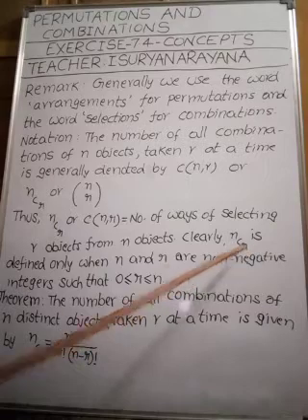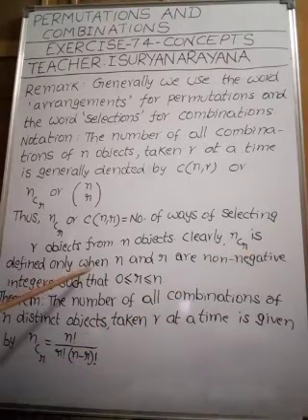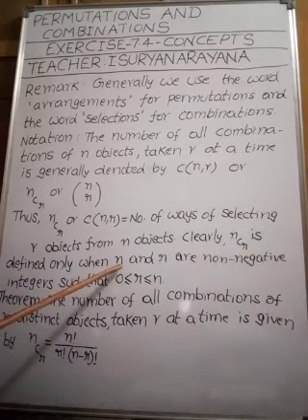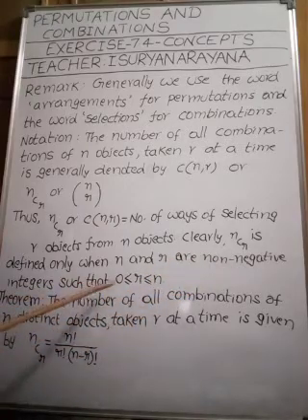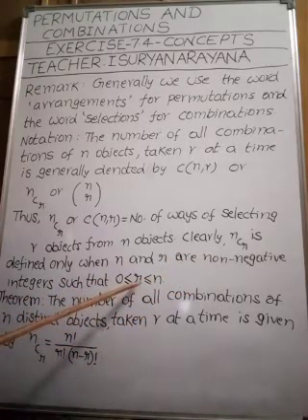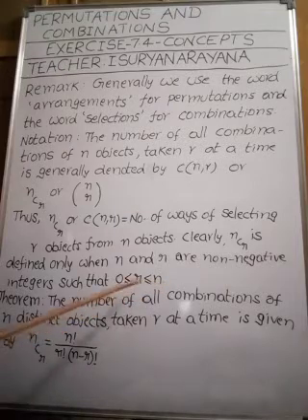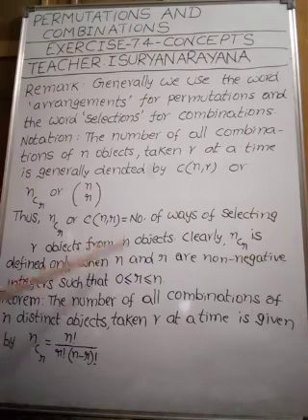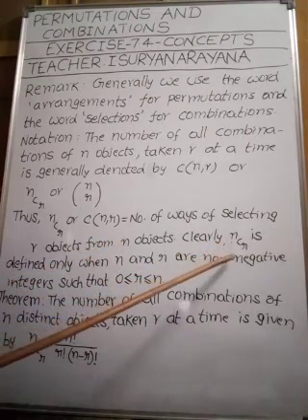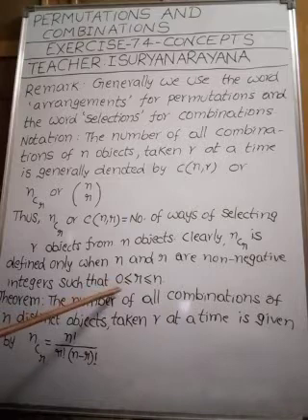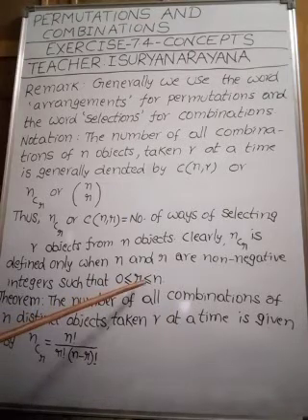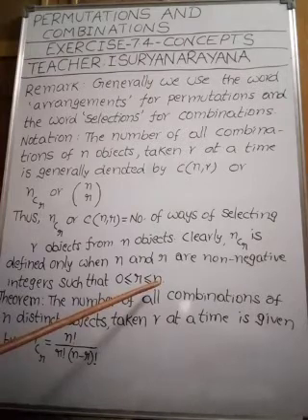Clearly, nCr is defined only when n and r are non-negative integers such that 0 less than or equal to r less than or equal to n. This definition is defined when n and r are non-negative integers and moreover 0 ≤ r ≤ n. This condition also should be satisfied.